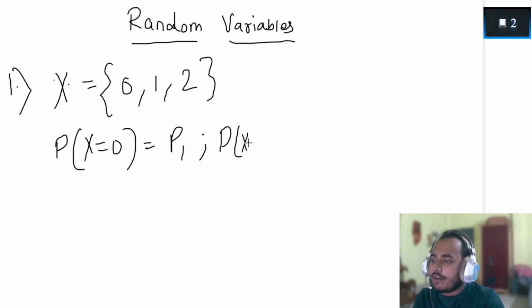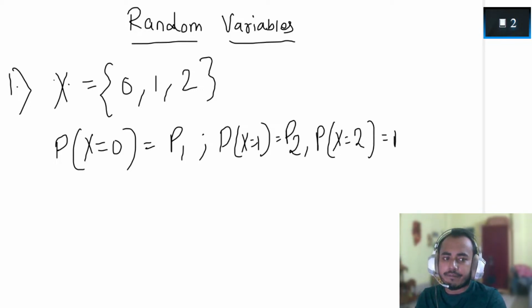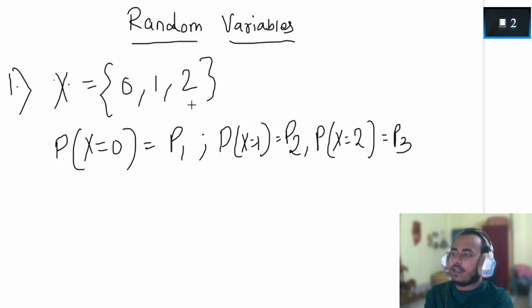When x is 1, we can have some probability p2, and when x is 2, we can have some probability p3. And we are assuming that these are all the outcomes that x can have. So probability of x equals 0 is p1, x equals 1 is p2, and x equals 2 is p3.